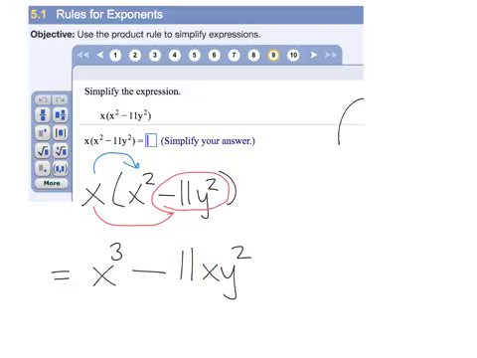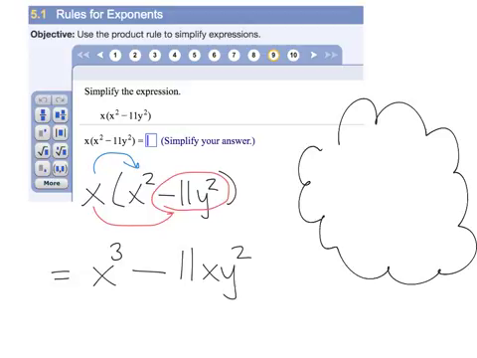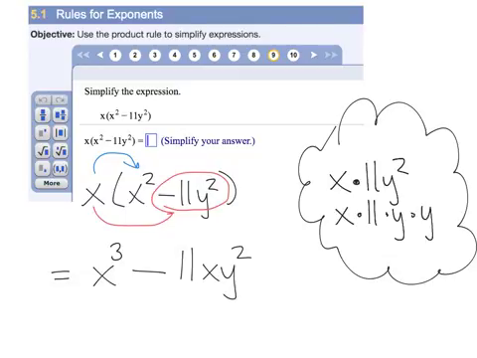I'm going to go over here on scratch paper, and I'm only going to be thinking about this red portion of the distributive property. So it says x times 11y squared. So really that means x times 11 times y squared.